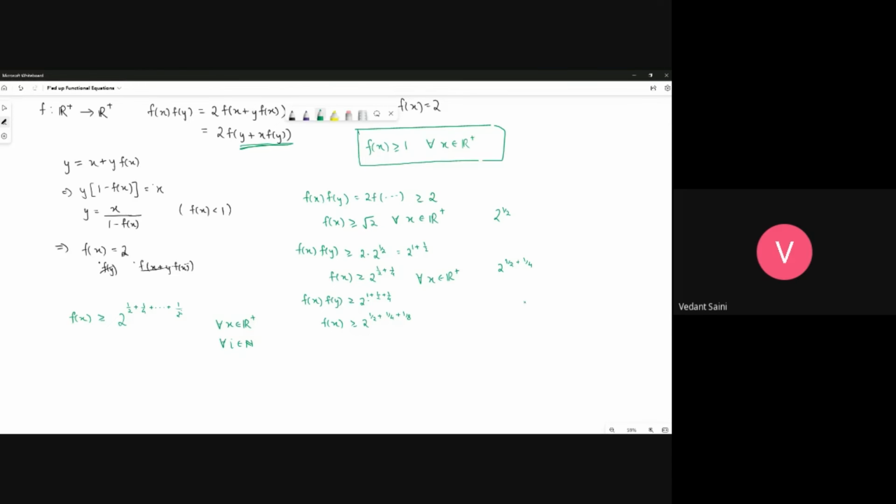What does this mean? What does this thing translate to? For any i, this holds true.